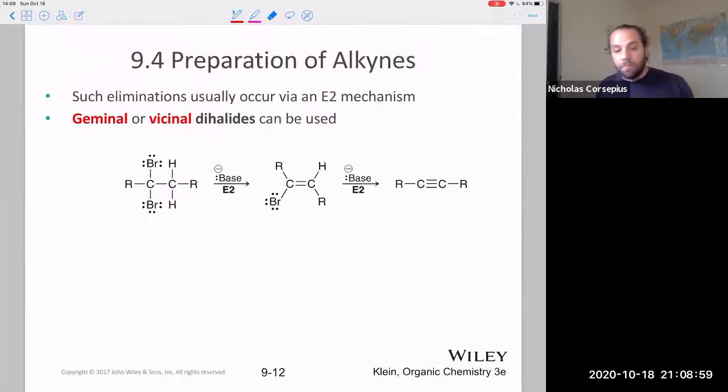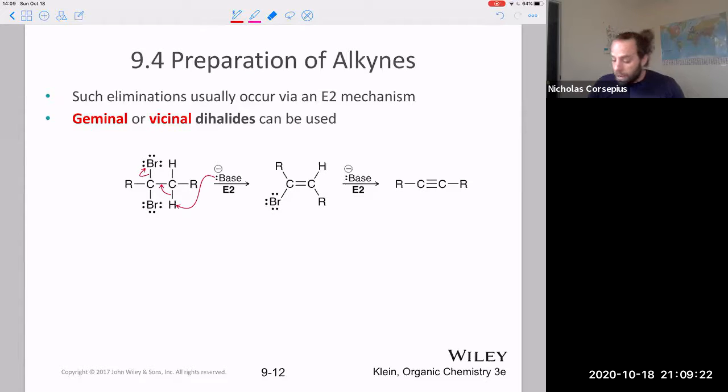Okay, and so let's see the mechanism here. In this case, we would have an E2 type elimination reaction. Our base is going to grab that hydrogen, at the same time that hydrogen will form a new carbon double bond and kick off that bromide leaving group.